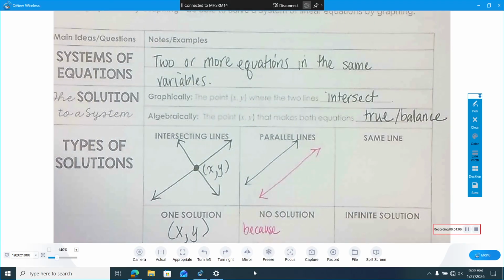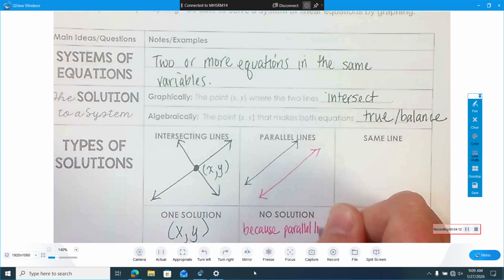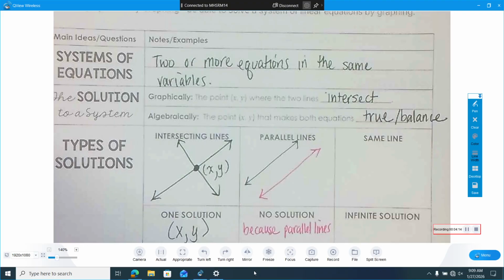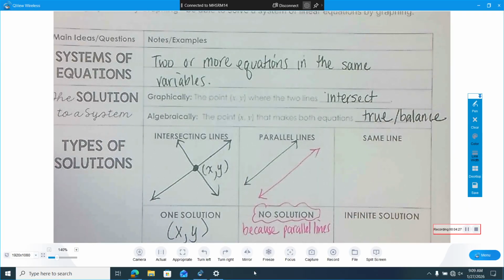Do you know that word? Parallel. Very good. They are parallel lines. What does parallel mean? They never cross. They won't intersect, so we can't have a solution, okay? So for this one, we would write there's no solution because of parallel lines. They're never going to intersect.